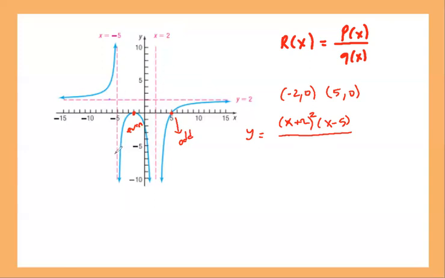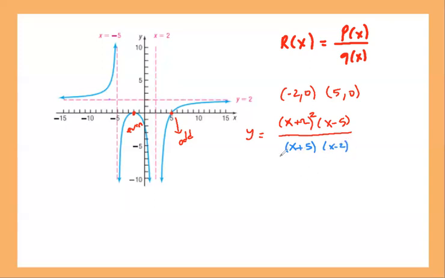That's why my graph doesn't touch x equals -5 or x equals 2. So the first value is x equals -5, which could be written as x plus 5. And to get x equals 2, I should have x minus 2 as my factor.